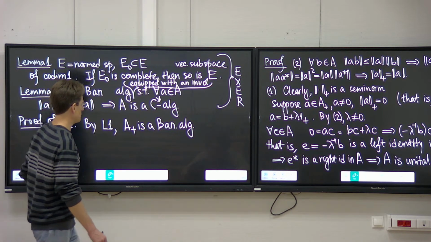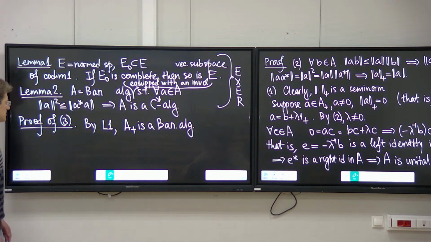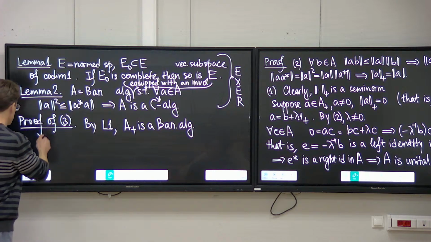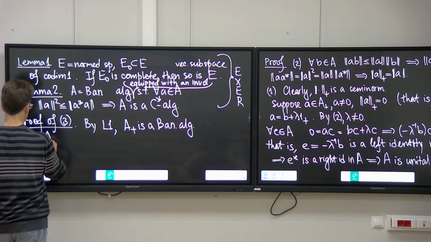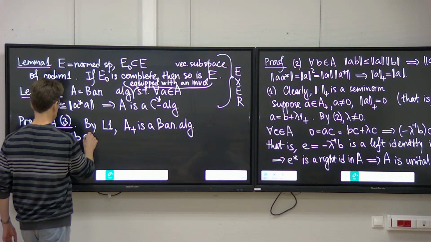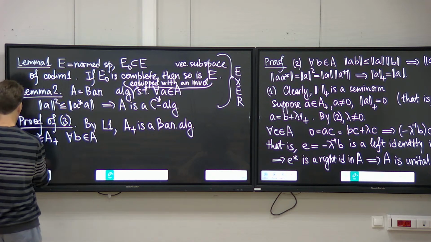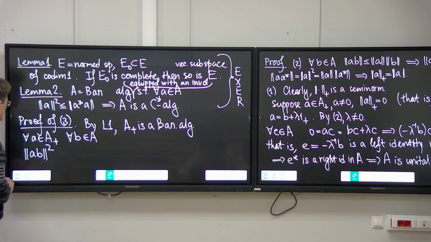So applying this lemma, we deduce that A plus is a Banach star algebra. And to prove that it's a C-star algebra, we have to check this inequality. Well, let's take an element a in A plus. We'll take an element b in A. And let's look at the norm of the following element, ab squared, which appears in the definition of the norm of a.